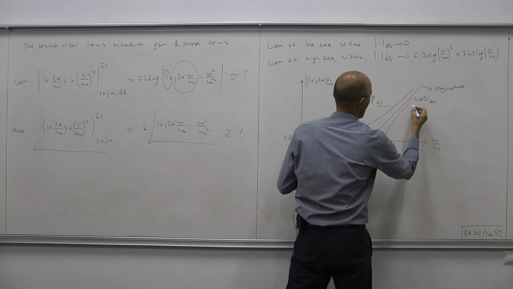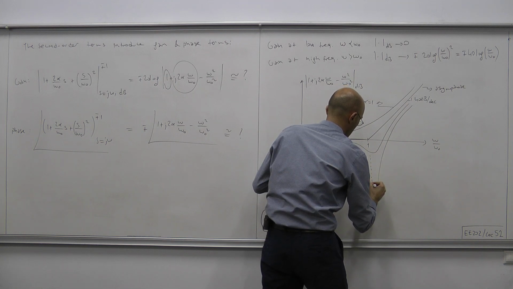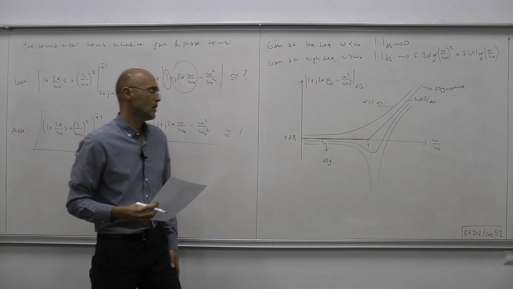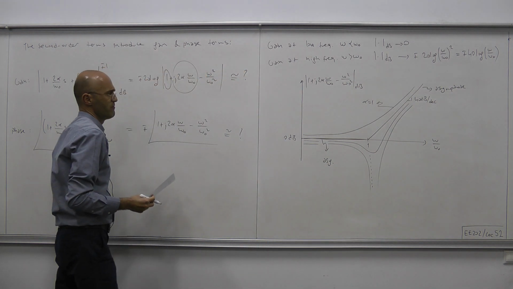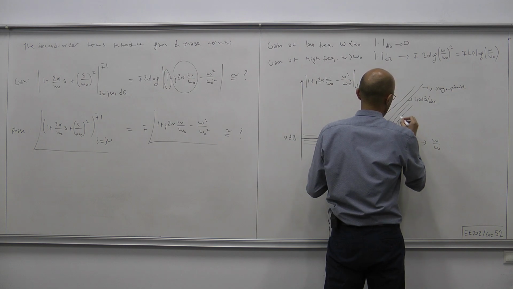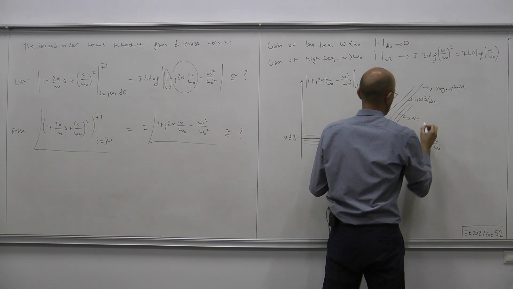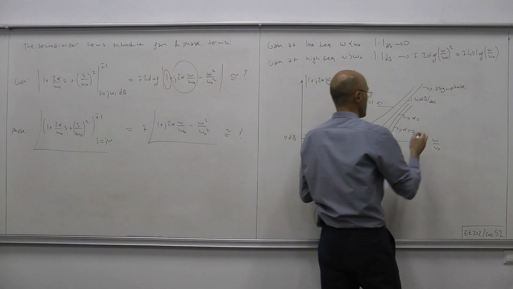And if you lower alpha towards 0, what happens is this peak reaches minus infinity. So this is, let's say, for alpha equals 0, and this is, let's say, for something close to 0, let's say 1 over 5.